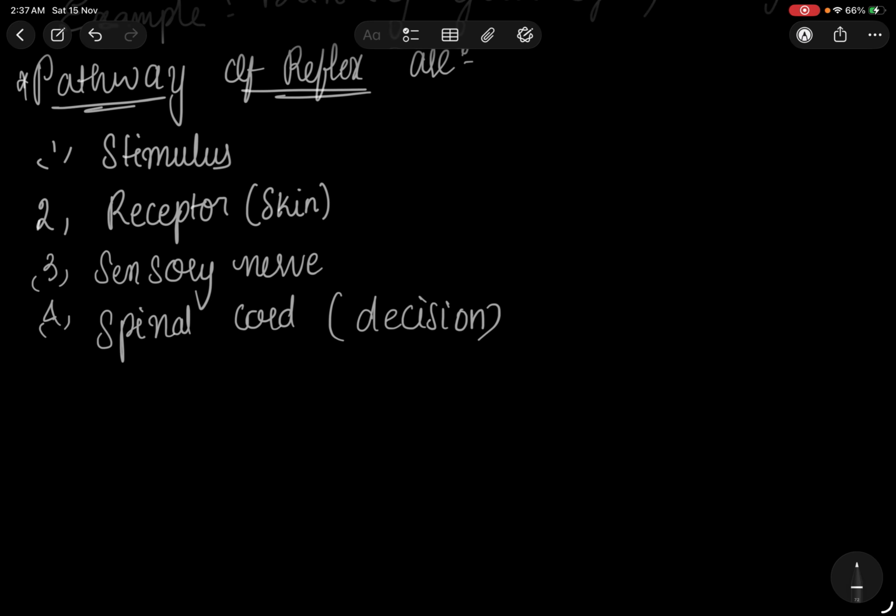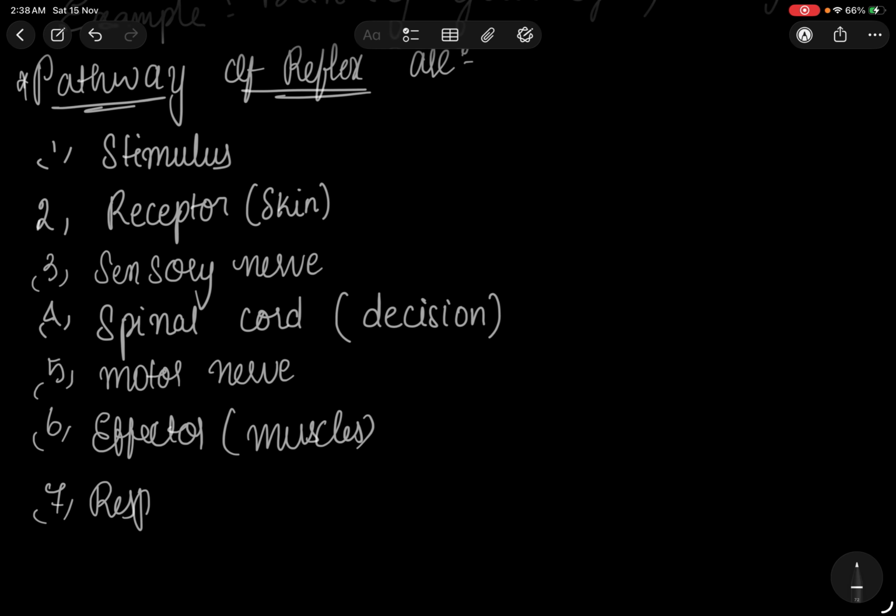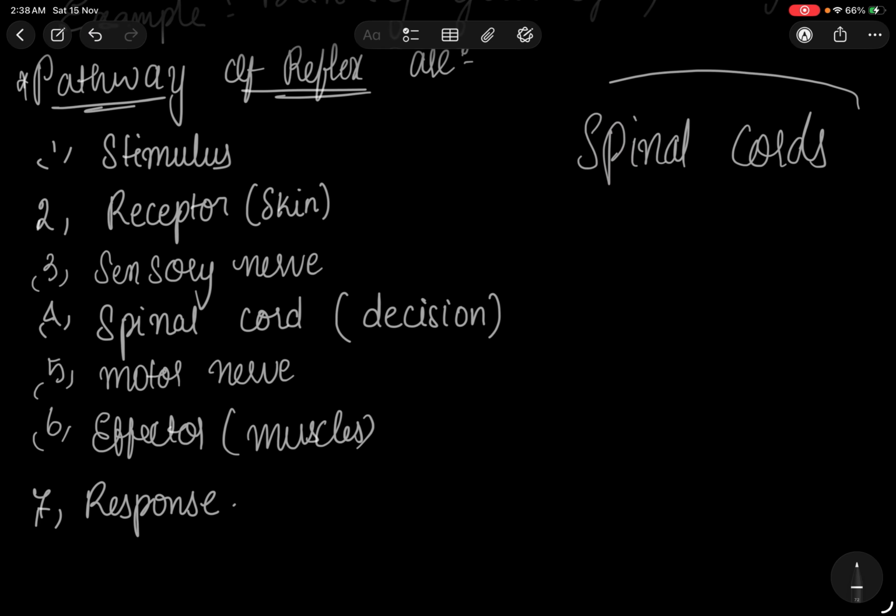Okay, and fifth, motor nerve, then effector. Effectors here are nothing but muscles, and seventh is response. Okay, so most reflex actions are controlled by the spinal cord, not by the brain. So the spinal cord plays a crucial role in the reflex arc.